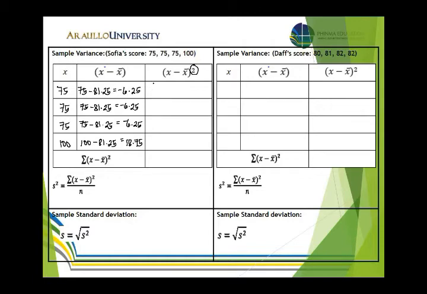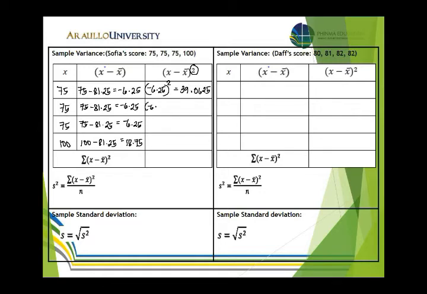Okay. Next, as you can see, we have a square. So kailangan natin i-multiply by itself yung result natin dito. So we have negative 6.25 square. Meaning, negative 6.25 times negative 6.25 is equal to 39.0625.